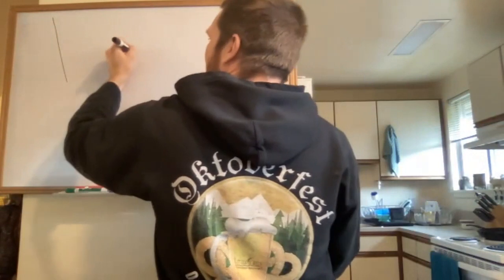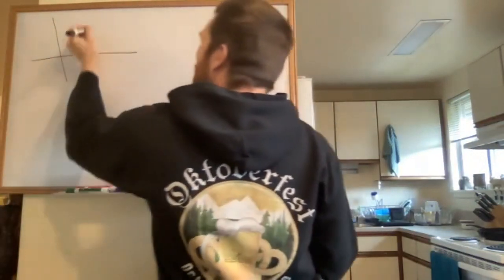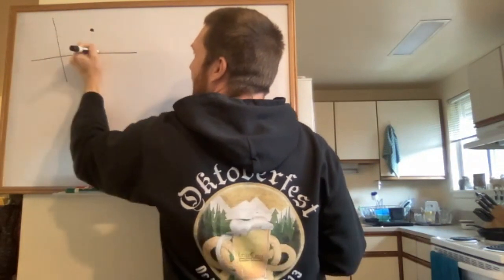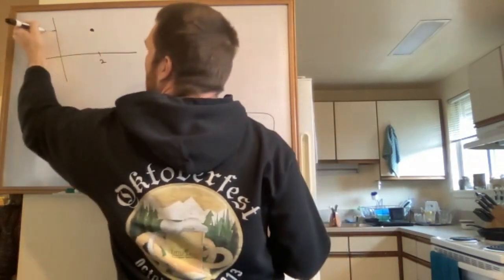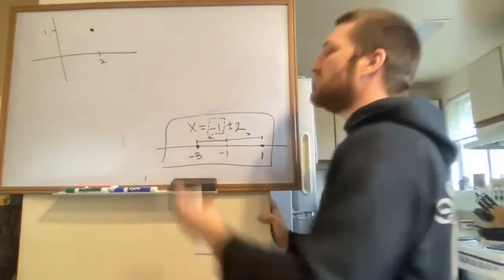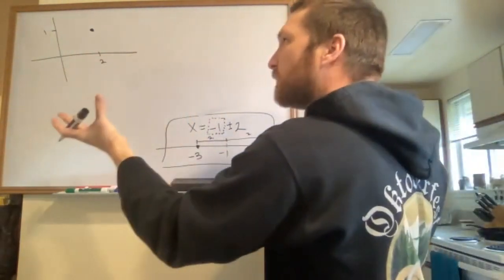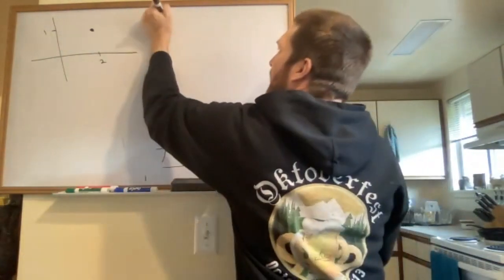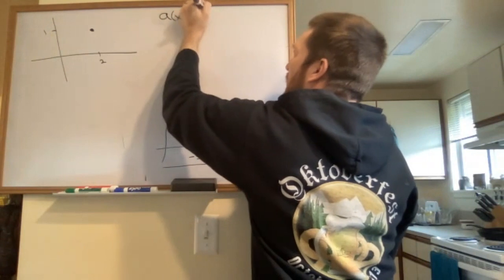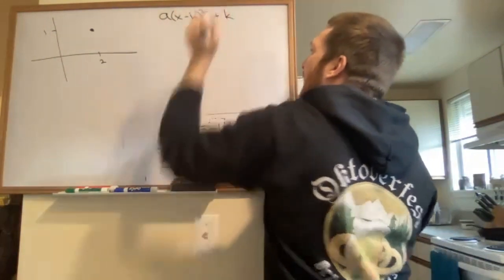Let's say that I had a parabola and I knew that its vertex ended up here at 2 and positive 1. And okay, if I know that it's a parabola, then I know that it has this form, a(x plus or minus h) squared plus or minus k.